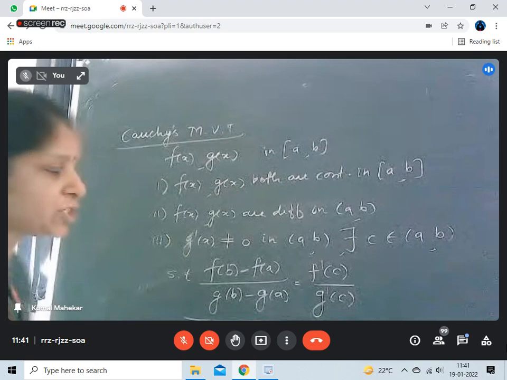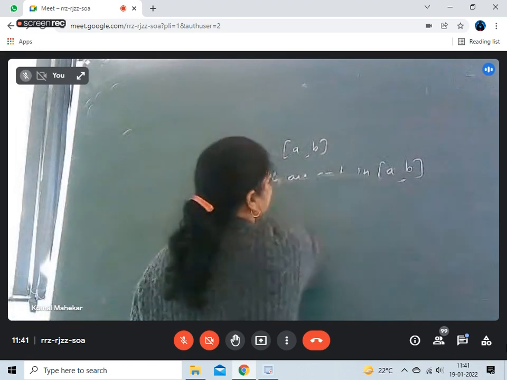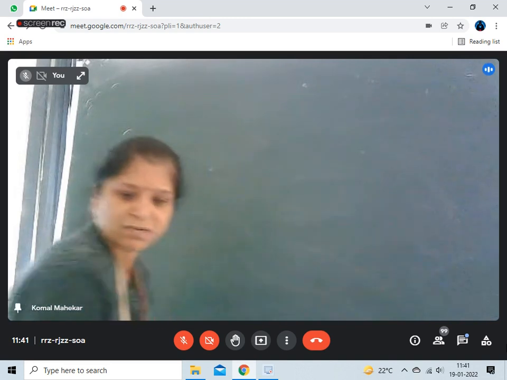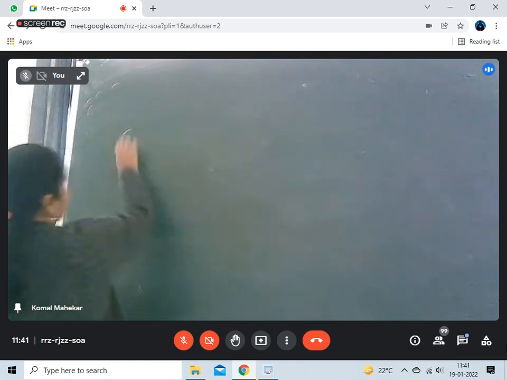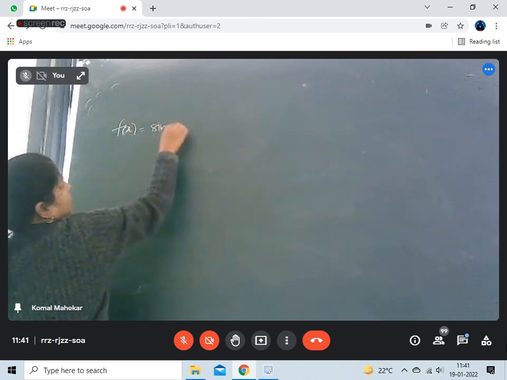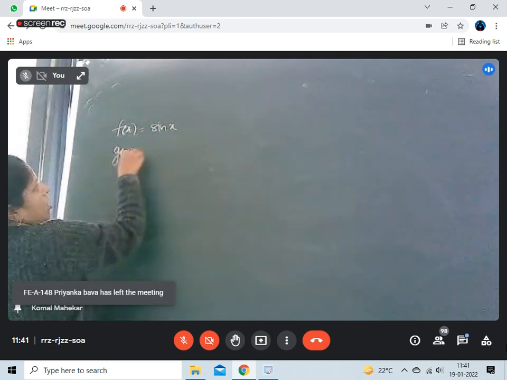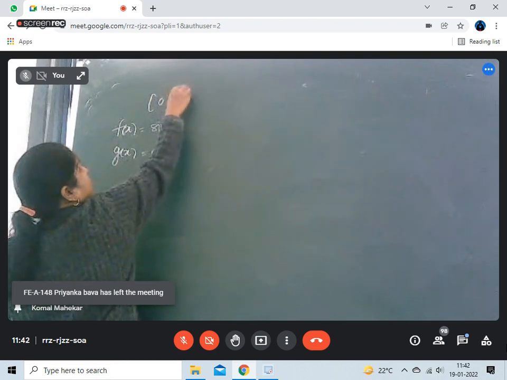Very first, suppose the functions f(x) and g(x) are sin x and cos x in the interval 0 to pi by 2. The function f(x) is sin x, the second function g(x) is cos x, and the interval is 0 to pi by 2.